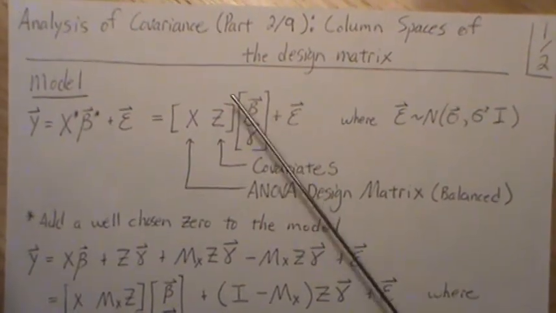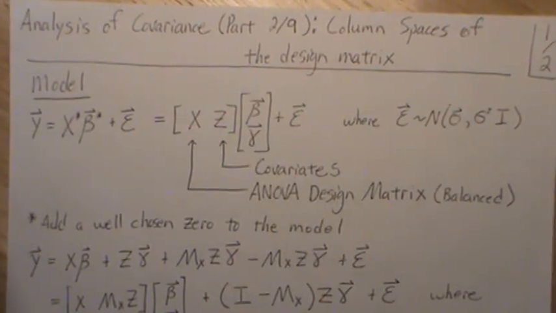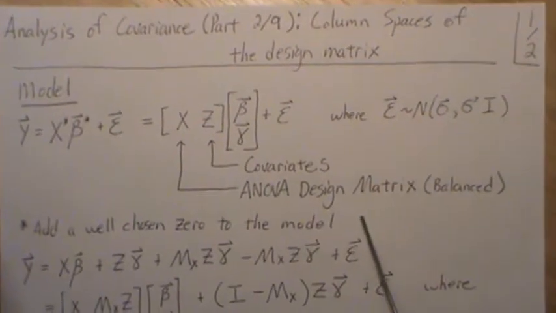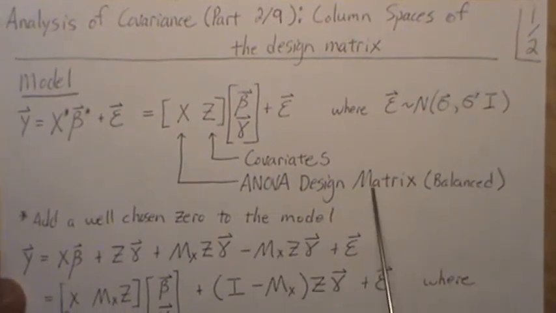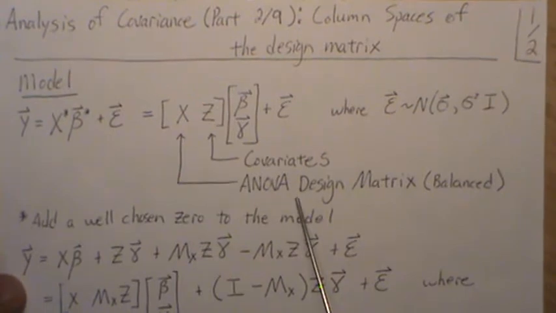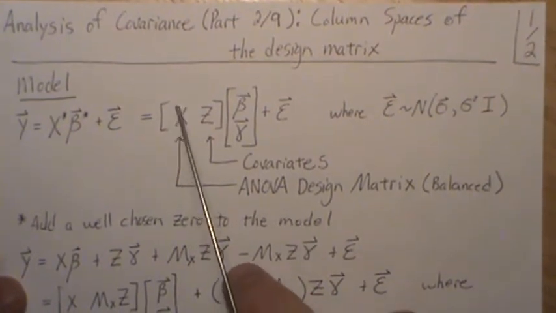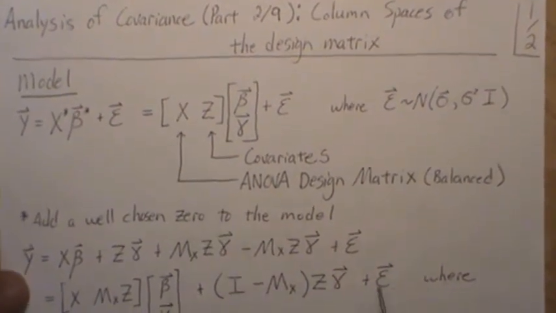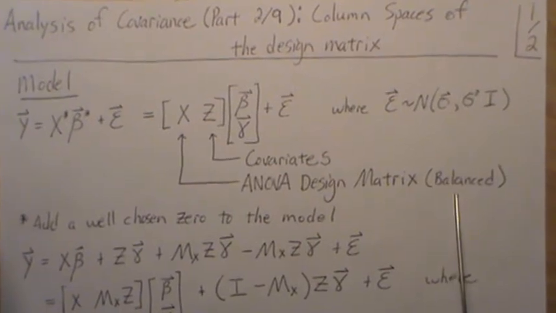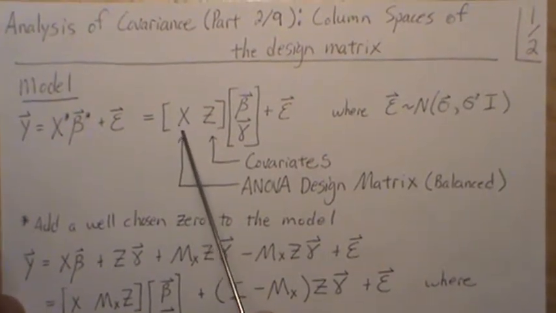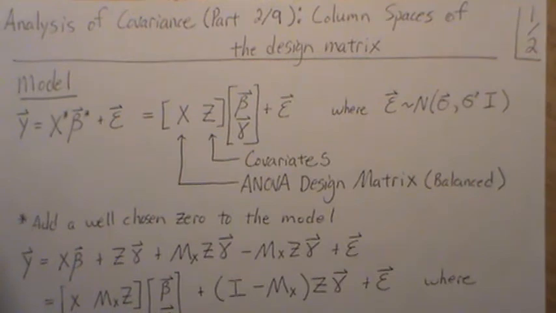And then these are the parameters associated with those. Notice in every design matrix there's a mu, so there's a column of ones here. Now it is balanced. Why is it balanced? Well, it's balanced so we can create orthogonal column spaces, and that becomes important later in this mini-series.